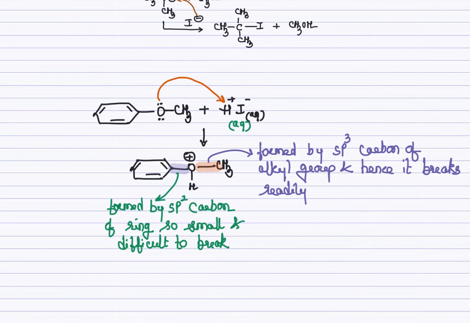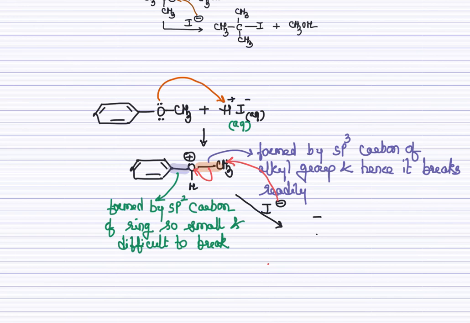We say, now in the next step, your iodine is going to attack the substrate where it finds the maximum potential of breaking the bond. So it goes like this, and this bond breaks. So what happens then?